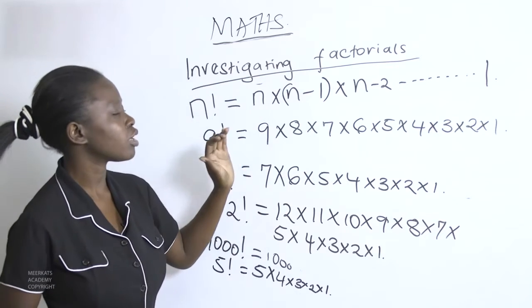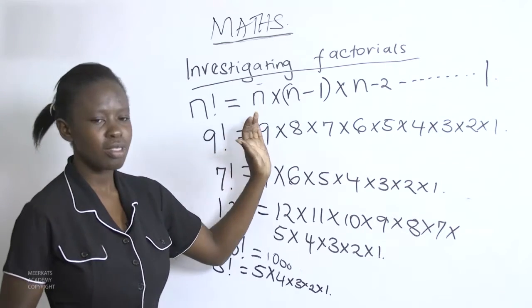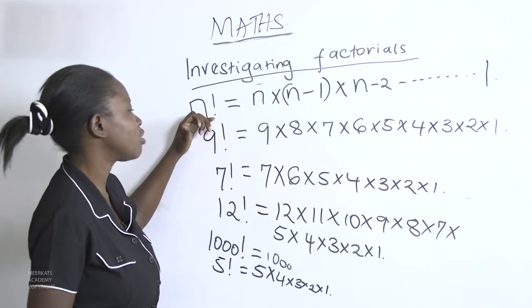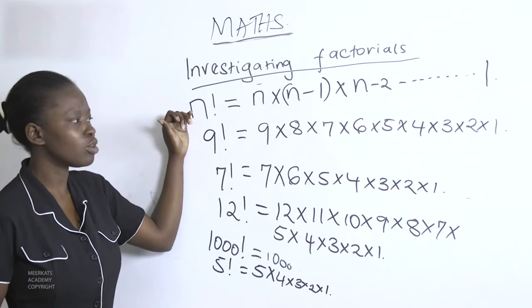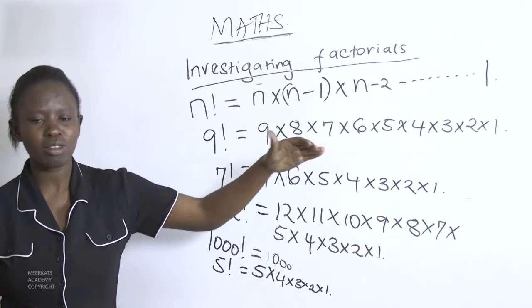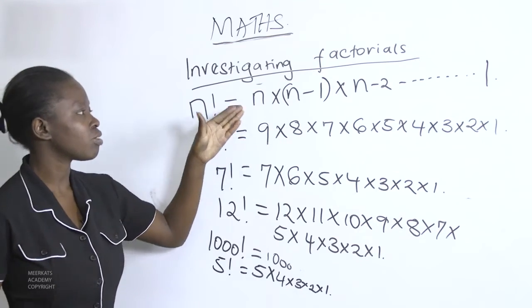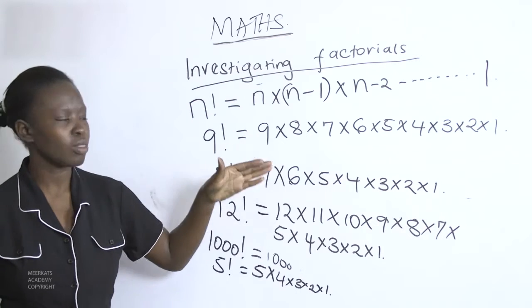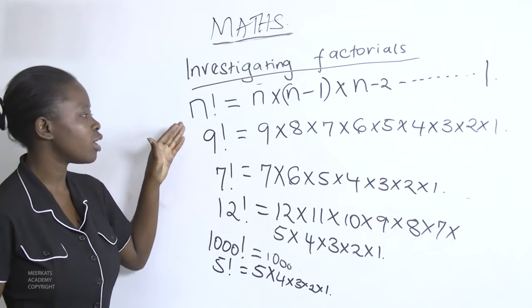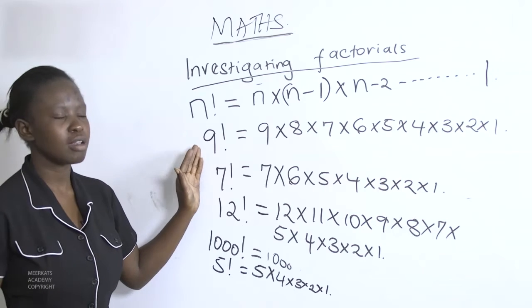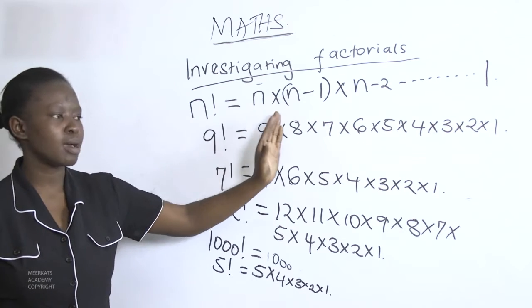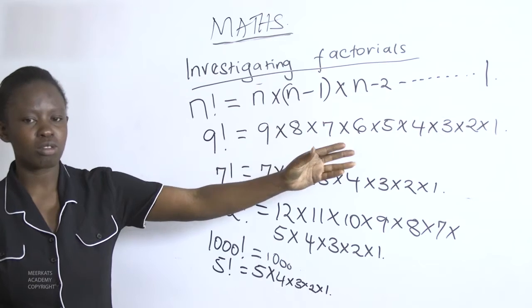Then we are talking about the factorials. And with the factorials, we are simply saying that there are times when we need to write a number, and when you discover that the multiplication of that number is reducing backwards all the way to 1, then we say that that is a factorial that we are having. So when you have 9 factorial, for instance, it simply means I'm multiplying the number, reducing it backwards to 1.